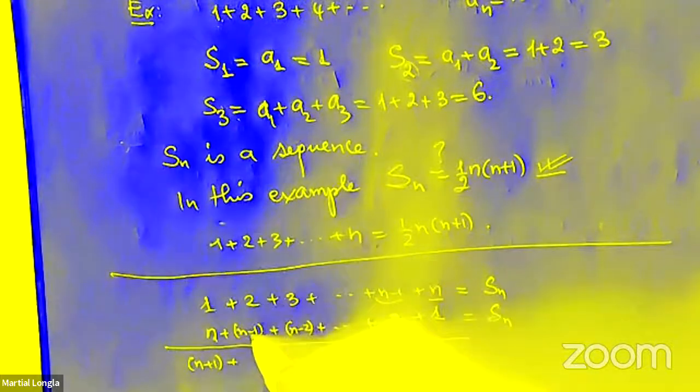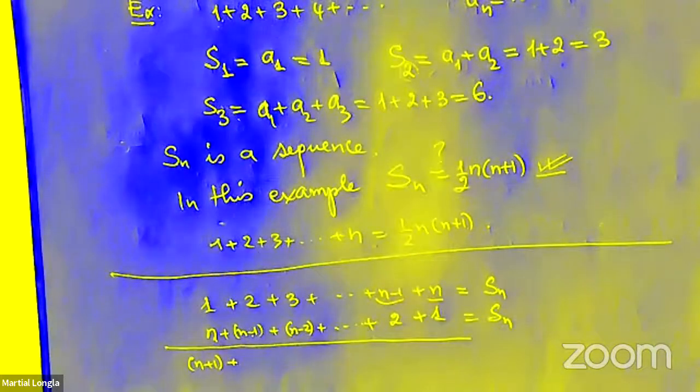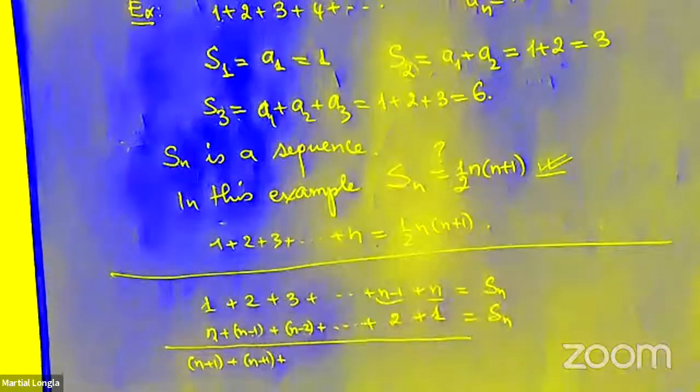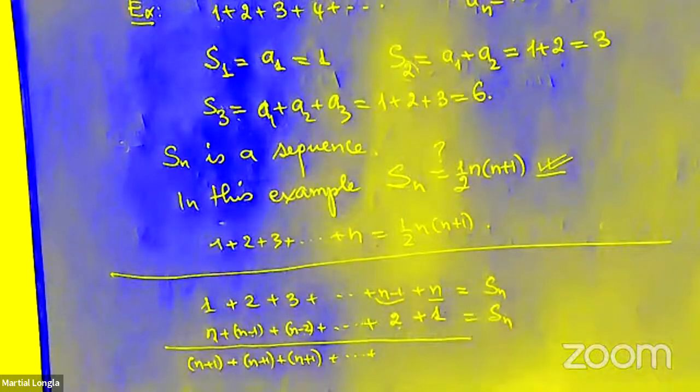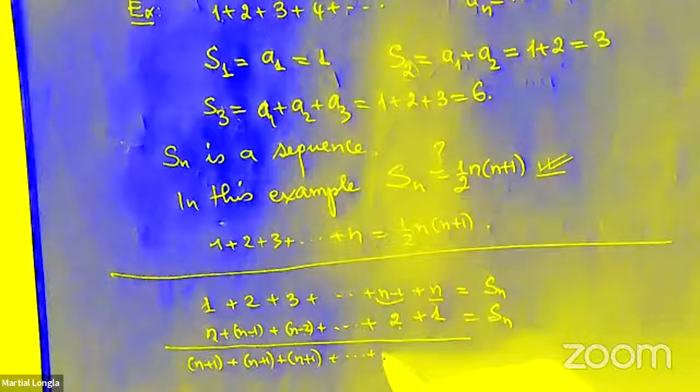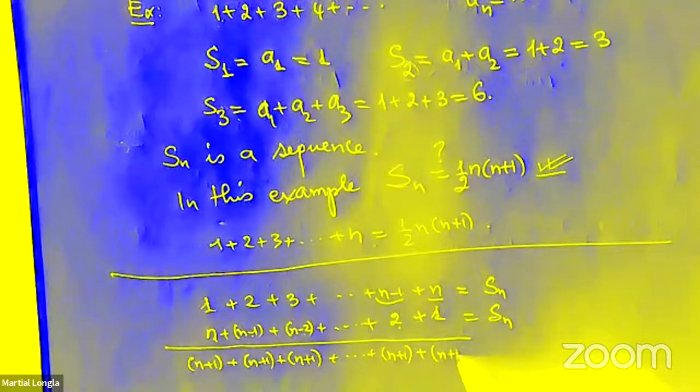Plus 2 plus n minus 1. n plus 1, good. 3 plus n minus 2, n plus 1. And everything in between is going to be n plus 1, and n minus 1 plus 2, n plus 1 again. And the last one, n plus 1.